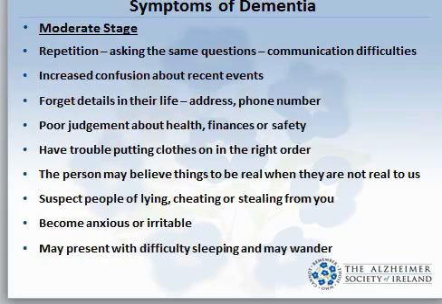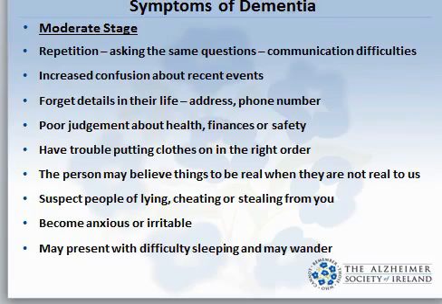When we get then to the moderate stage or middle stage, then some of these symptoms become more acute, more noticeable and more serious. So there could be repetition, asking the same questions over and over again, with communication difficulties. There could be increased confusion about recent events. They might forget details in their life, including their address and phone number.